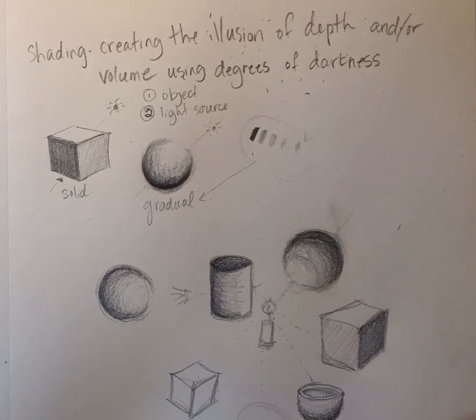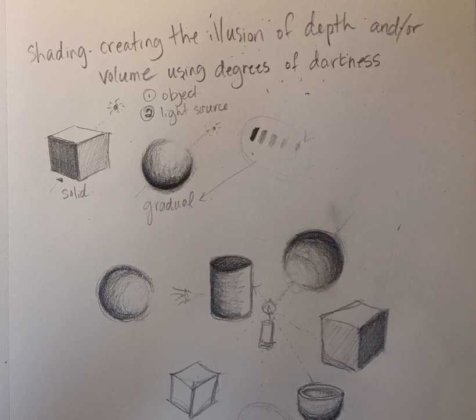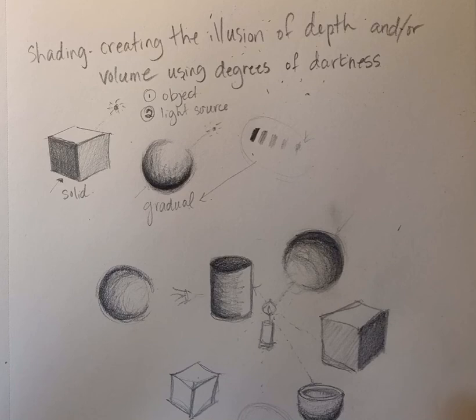Then you can head back to lesson 2 where we did our spaceship. It's full of foreshortened circles, and it's got some areas that would need gradual and solid shading. I would encourage you to go in there and add some shading to it. You'll notice that it really does make that drawing seem even more three-dimensional by adding this new technique to it.